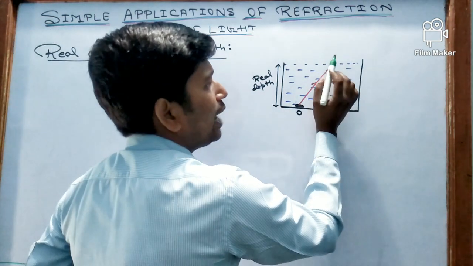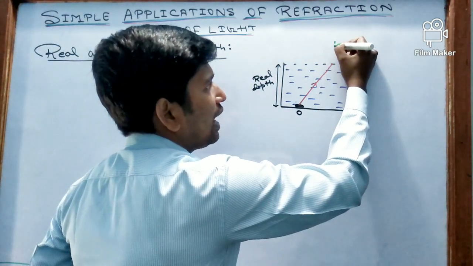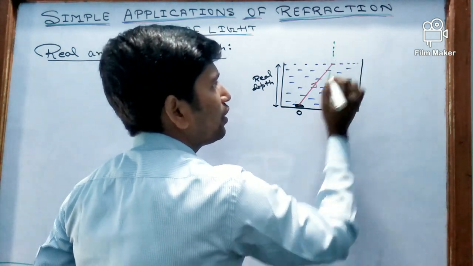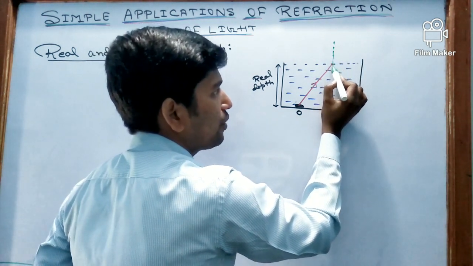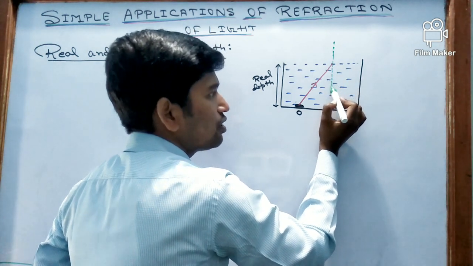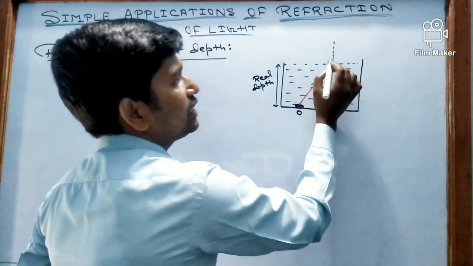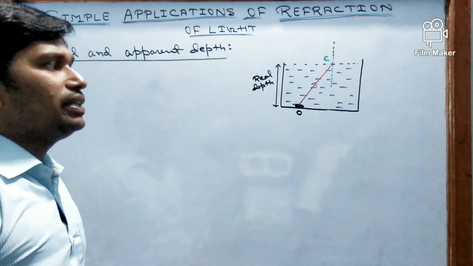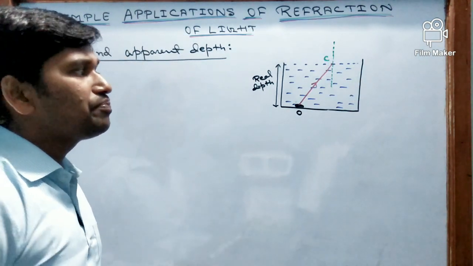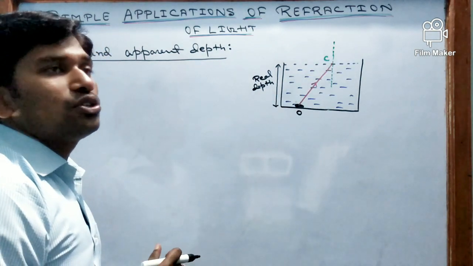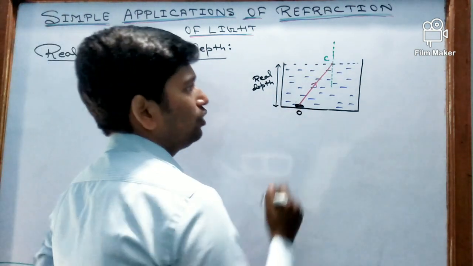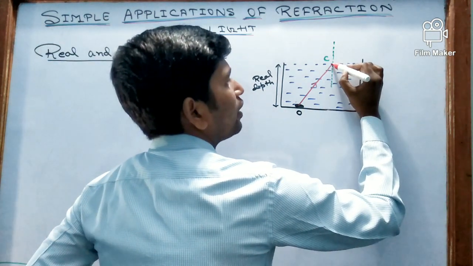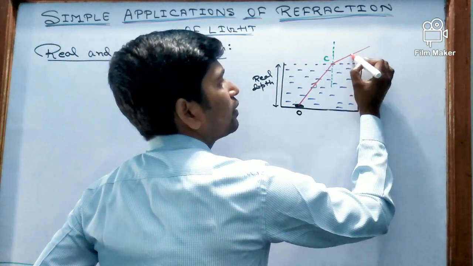For that we have to draw a normal at the point of refraction, that means from where the refraction takes place. Let this point be named C. As the ray is traveling from denser to rarer, it will bend away from the normal. So the ray will travel in this way.